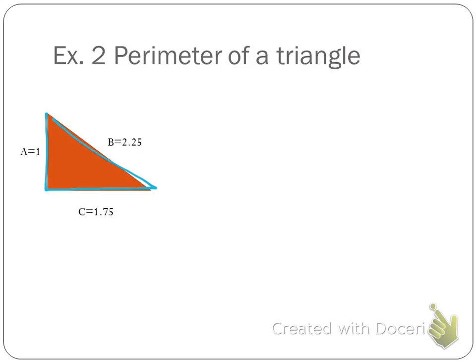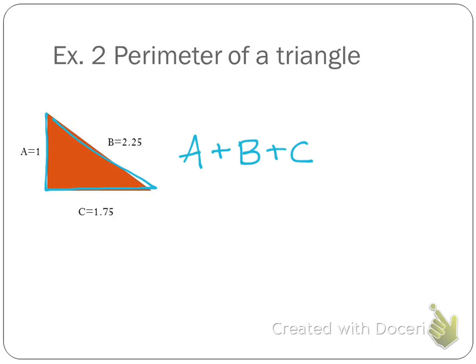So in order to find the perimeter, who can tell me what do you think you do with all of those numbers? Raja? Add them together. Perfect. Exactly. So I know in order to find the perimeter, I'm going to do A plus B plus C. I know all those numbers, right?